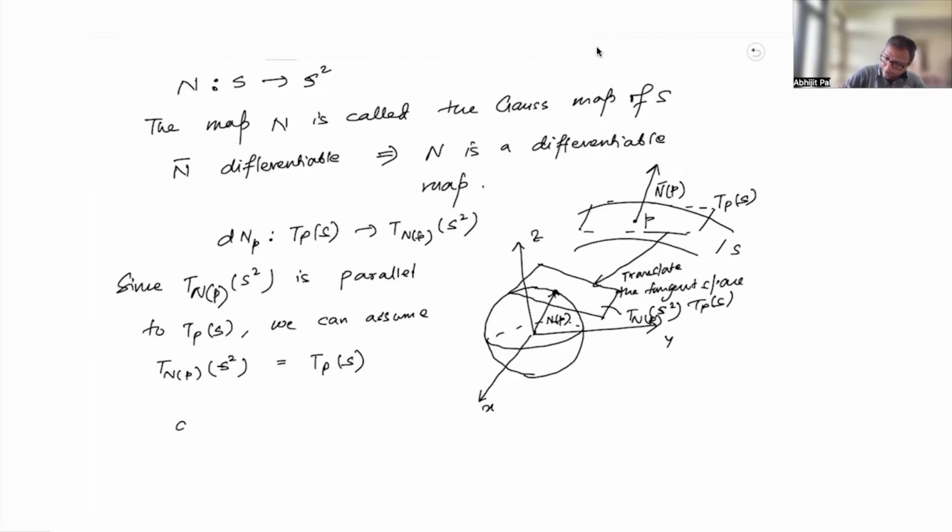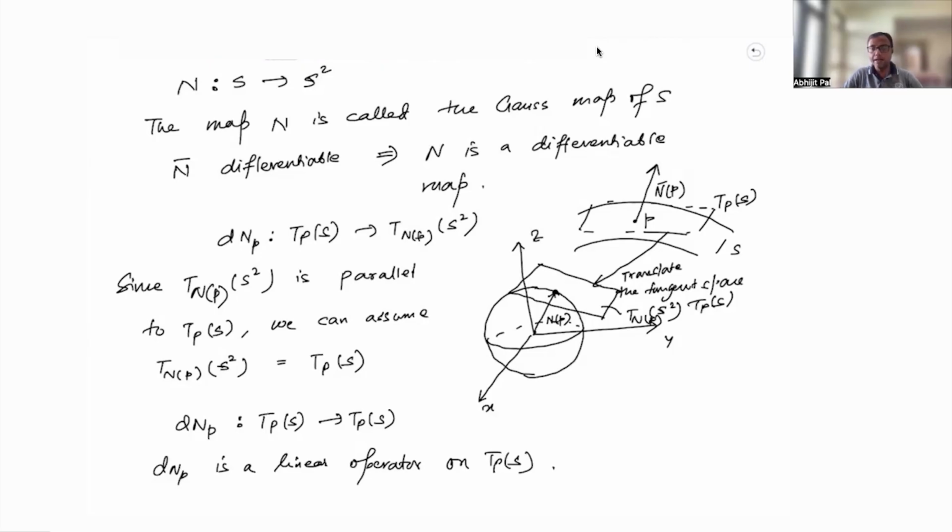So this differential of this NP, now it is a map from TPS to TPS. So this is a linear operator on the tangent space. So here the target space and the source space are the same. Okay.